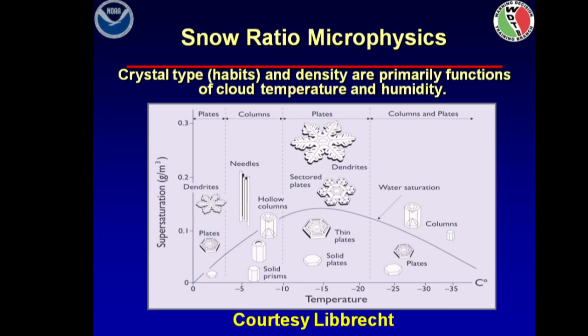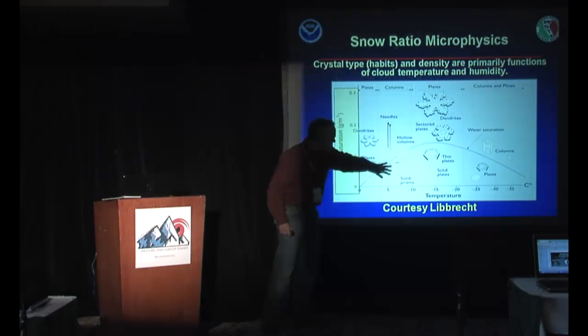So if you have a gargantuan amount of vertical motion, you may have higher supersaturation because you just cannot convert the liquid to ice fast enough. And so you start ramming up against that. And so you may see more needles.